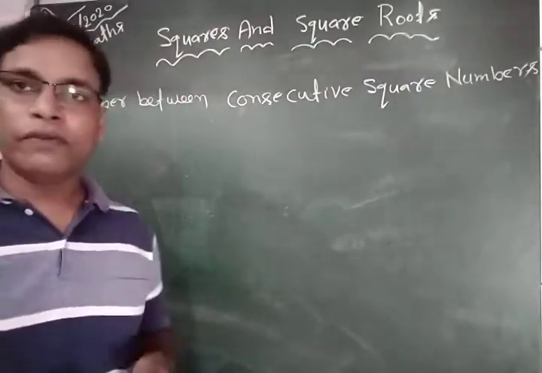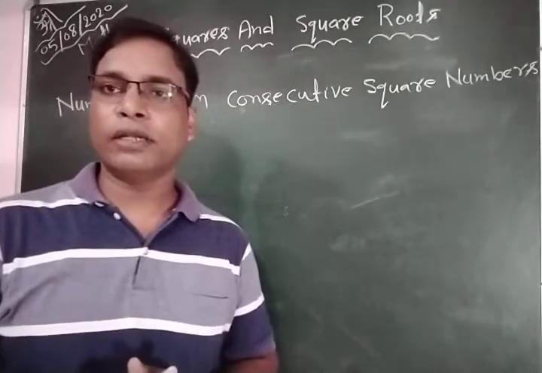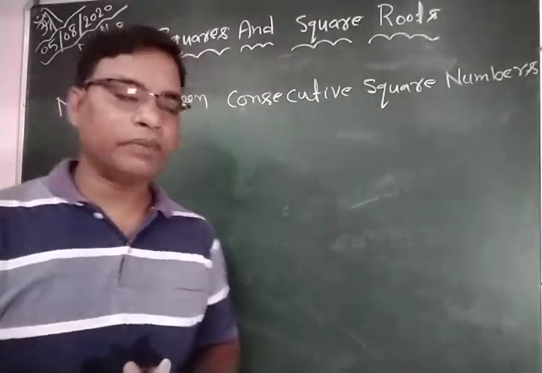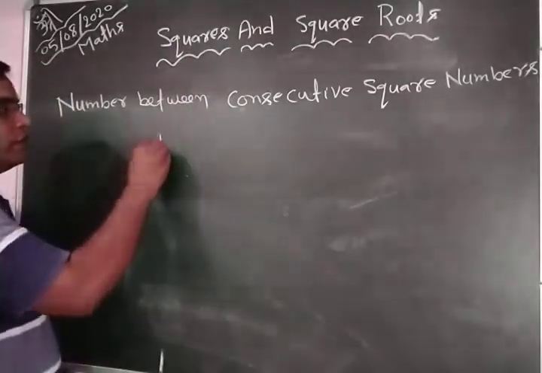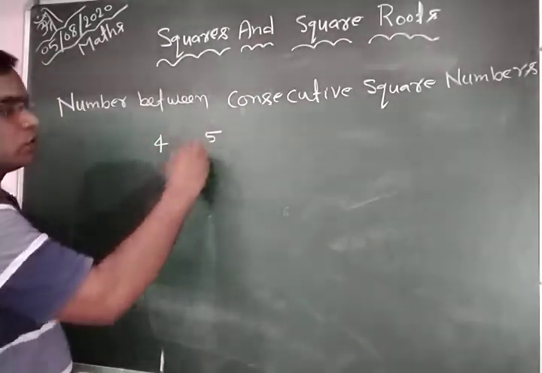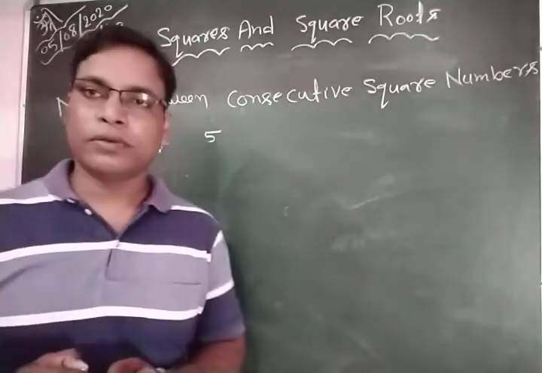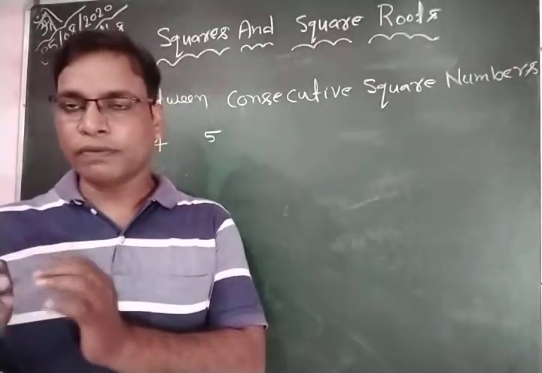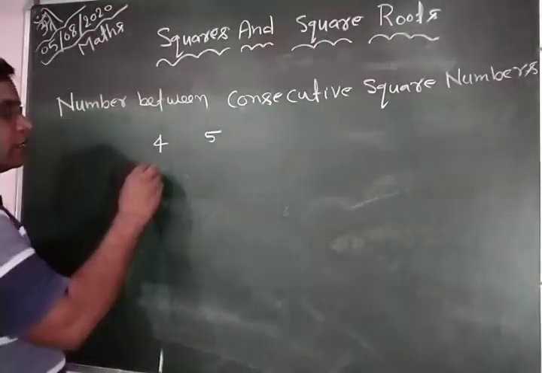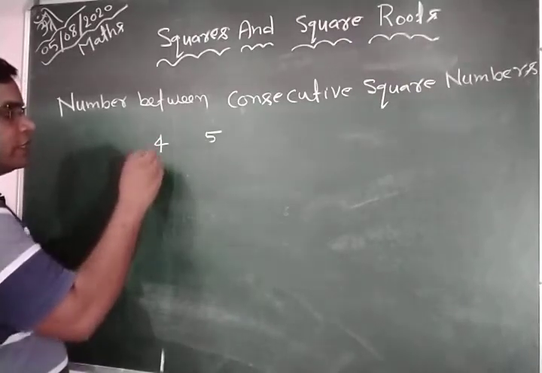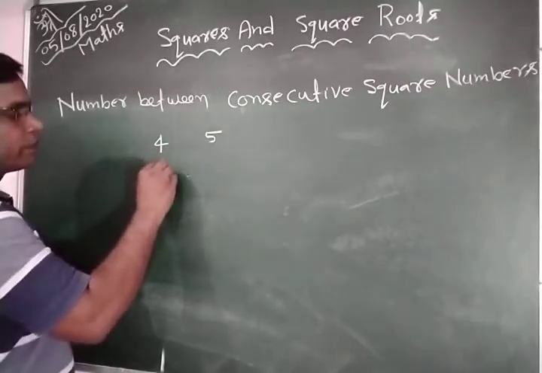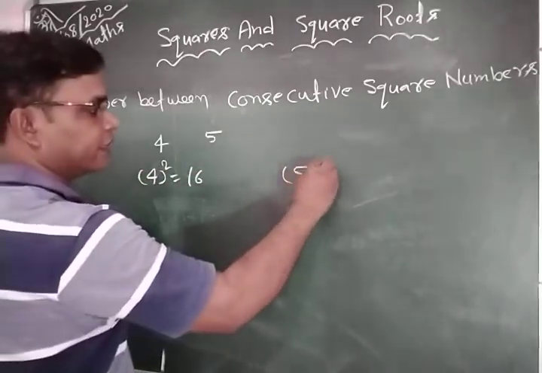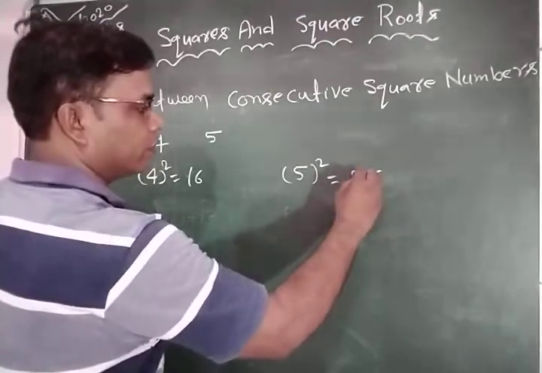Now we are going to find non-square numbers between two consecutive square numbers. For example, we take 4 and 5, two consecutive numbers. How many non-square numbers are there between the square of 4 and the square of 5? The square of 4 is 16, and the square of 5 is 25.